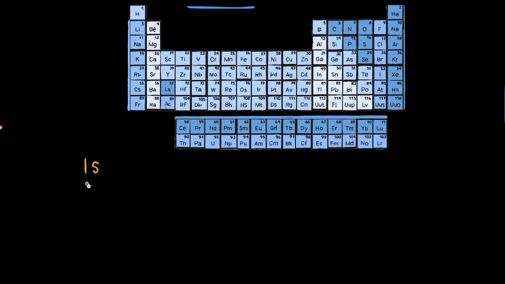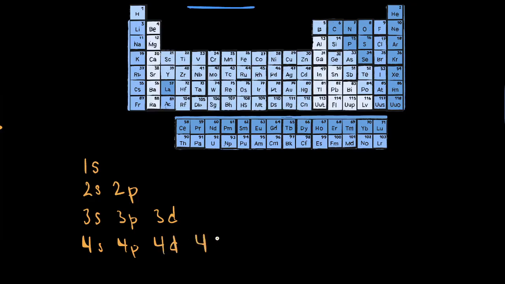The second one will have the 2s and the 2p. The third will have the 3s, 3p, and 3d. The fourth will have 4s, 4p, 4d, and 4f. And there are more after the fourth, but we won't really be needing to look at that for this introduction.